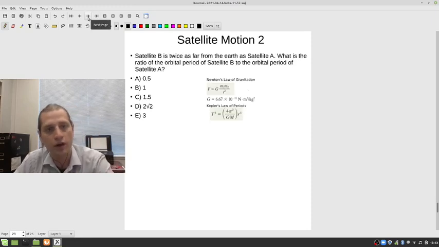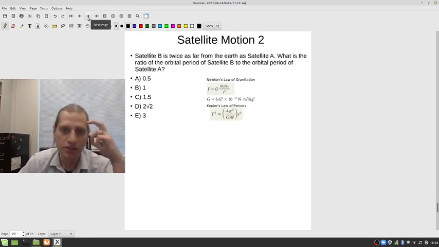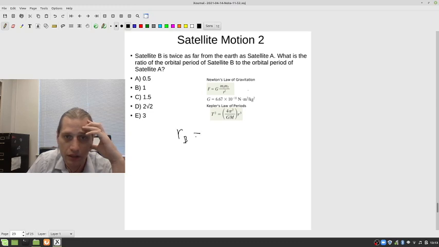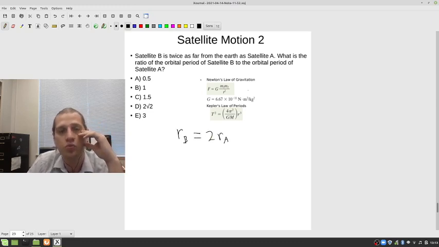Okay, one last one. It says satellite B is twice as far from the Earth as satellite A. So r_B equals 2 times r_A. It says, what is the ratio of the orbital period of satellite B to the orbital period of satellite A?